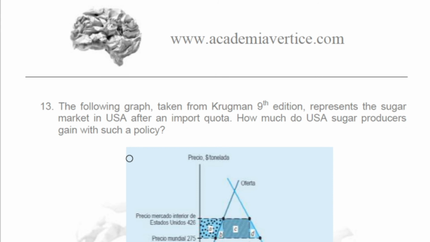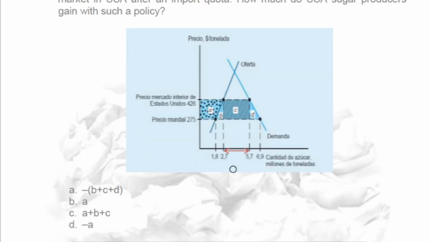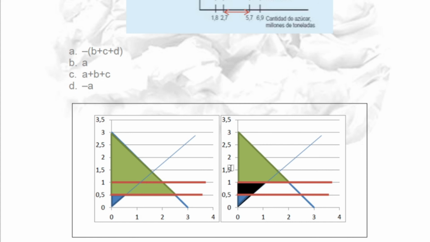Well, again, an import quota, the same graph. How much do USA sugar producers gain with such a policy? Well, it's quite clear that before they earned this little blue triangle.